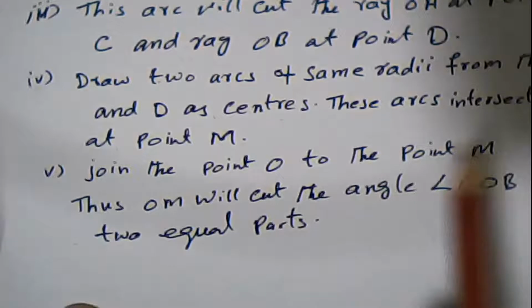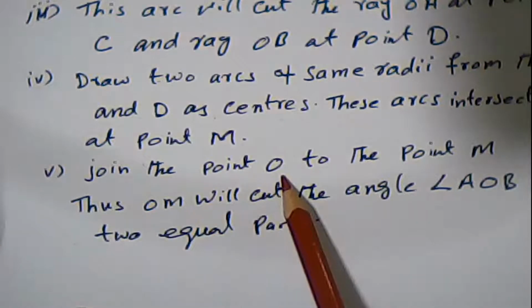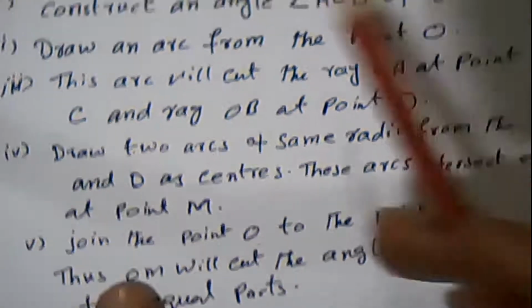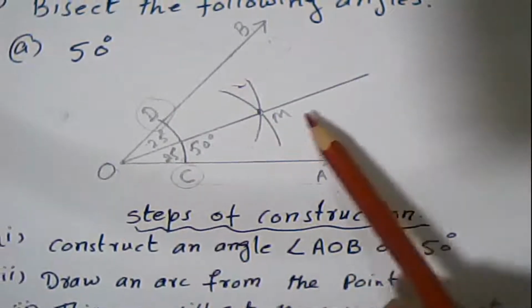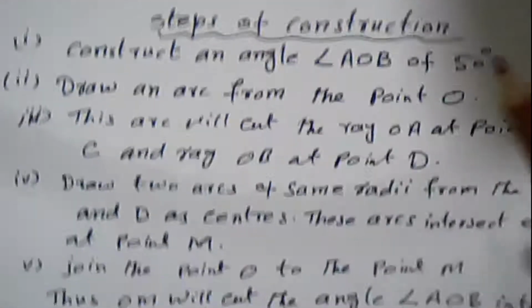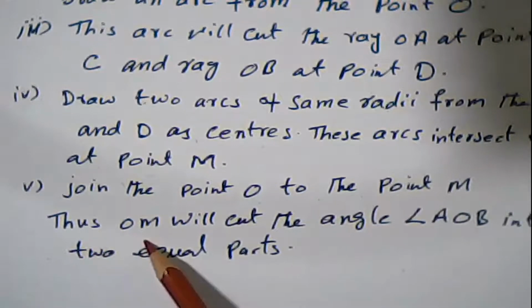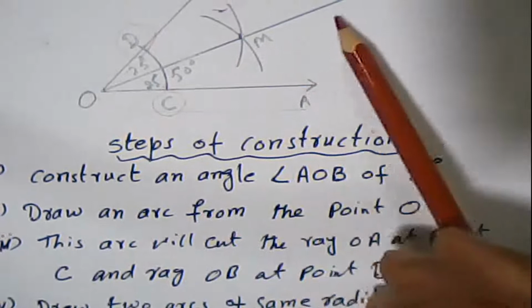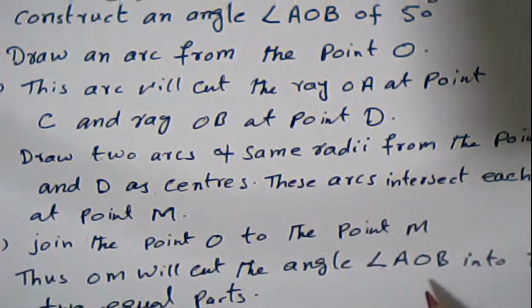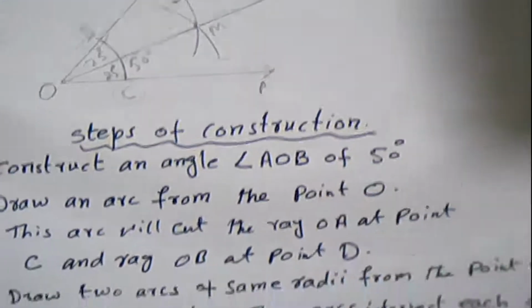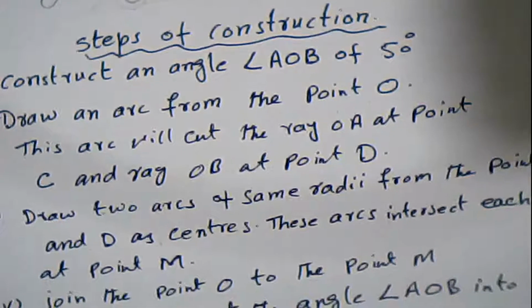Now join the point O to the point M with the help of a scale. Thus OM will cut the angle AOB into two equal parts.